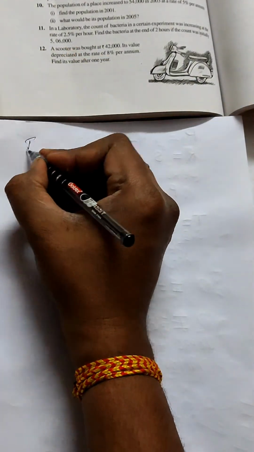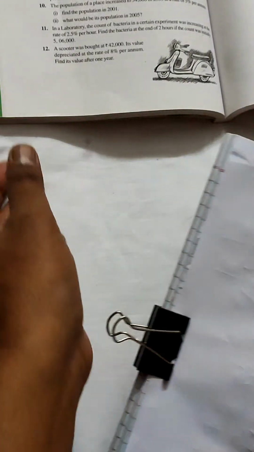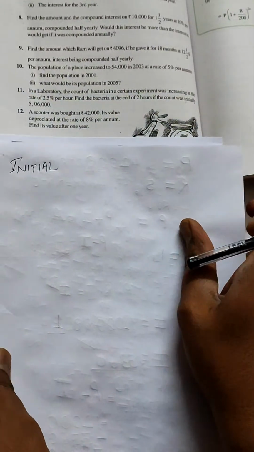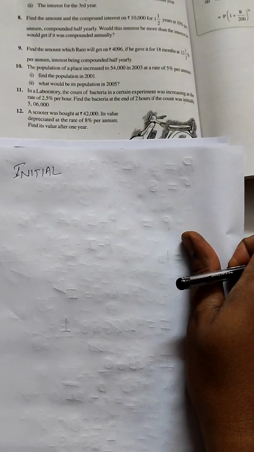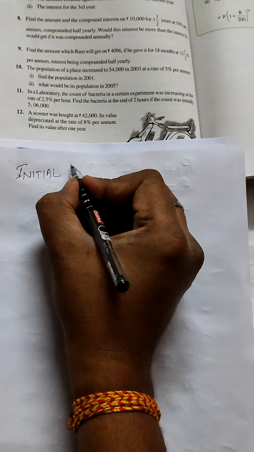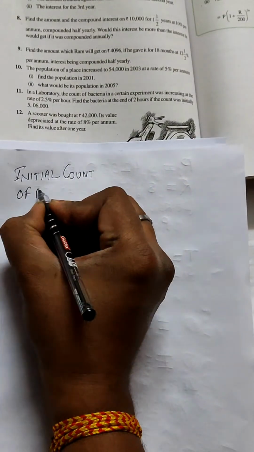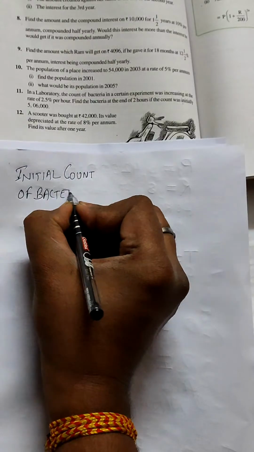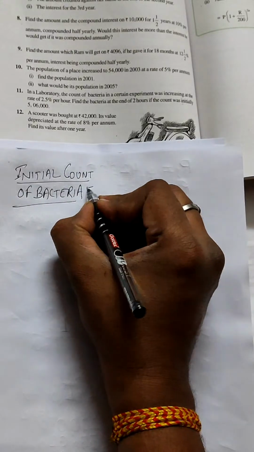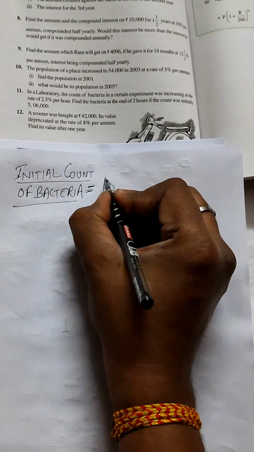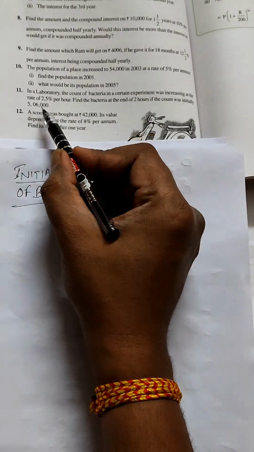So the initial count of bacteria is equal to your, just consider this as a principal, right? And this is given to you as 506,000.